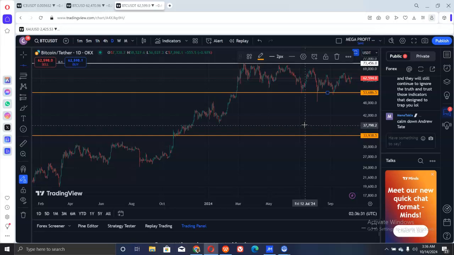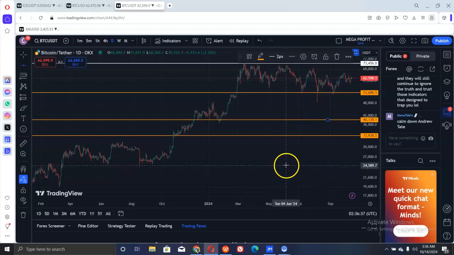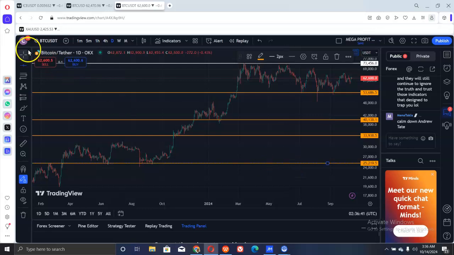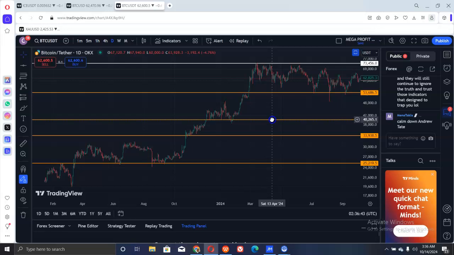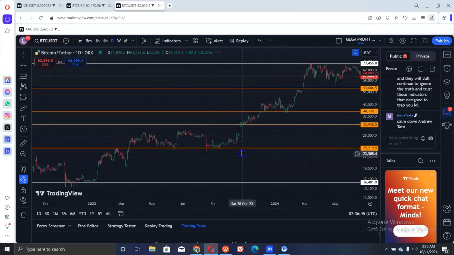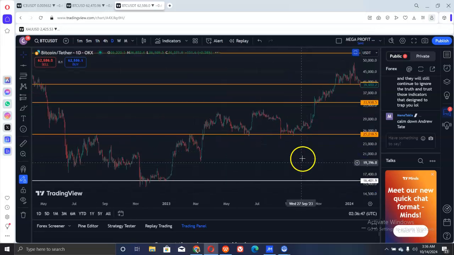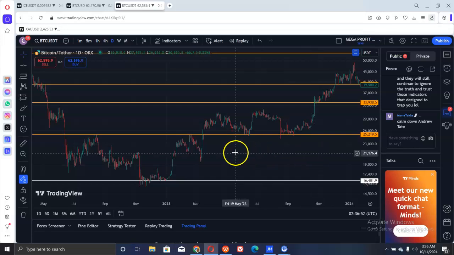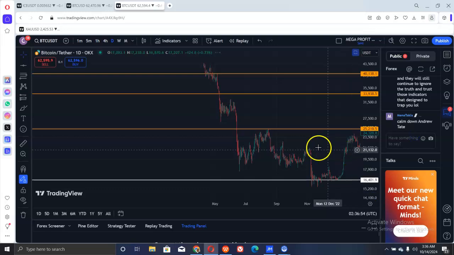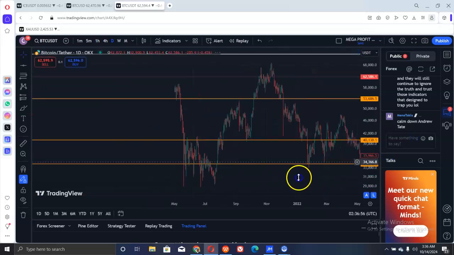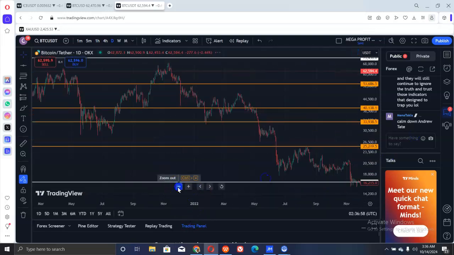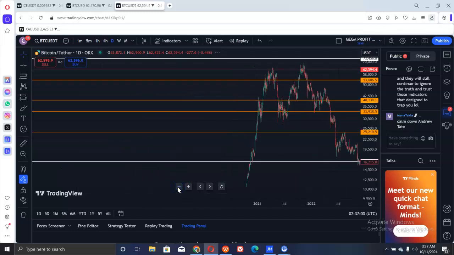Okay, there is also another support here. There is a support here, key levels here. Okay, now there is another, let me see, let me shorten this.